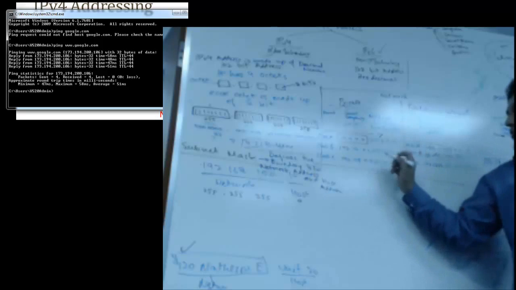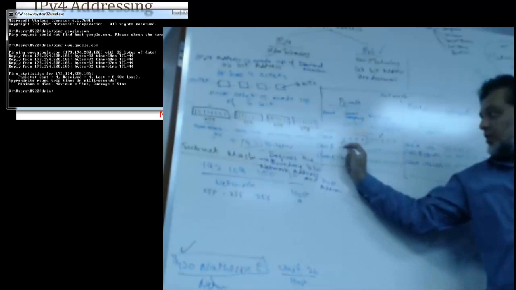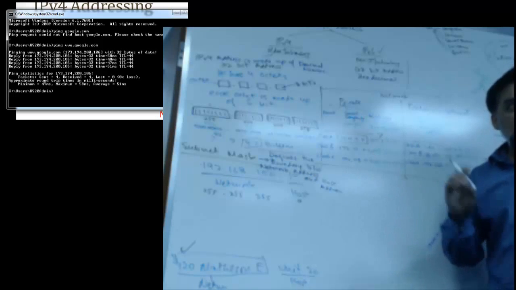That is the sole purpose of a subnet mask. It is only there for routers, and even for us, to find out which part is the network address and which is the host address. Now let's see. It will make more sense if it is not making sense right now.